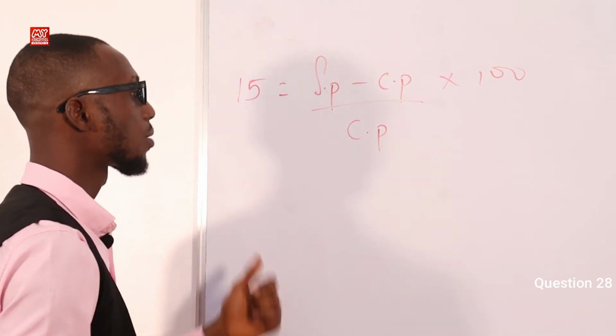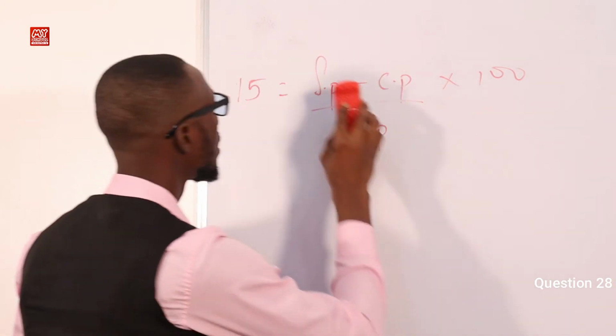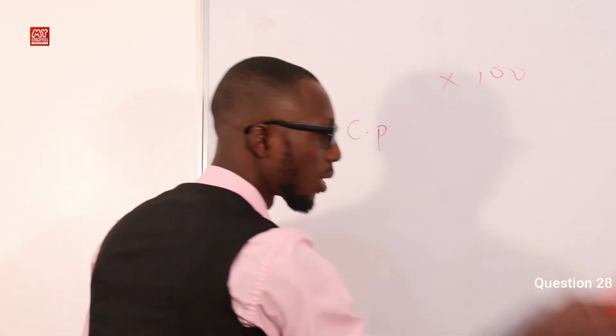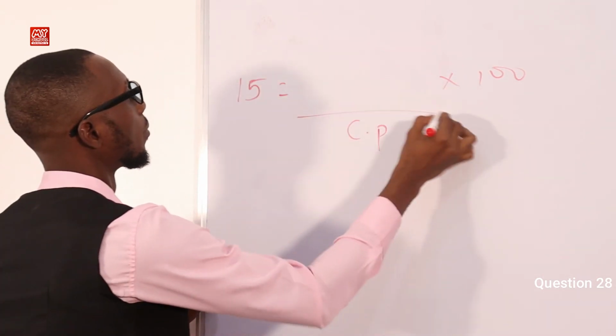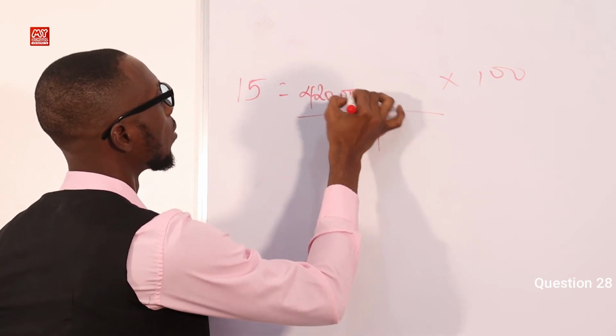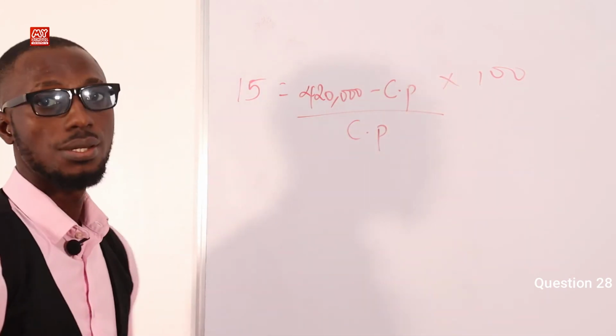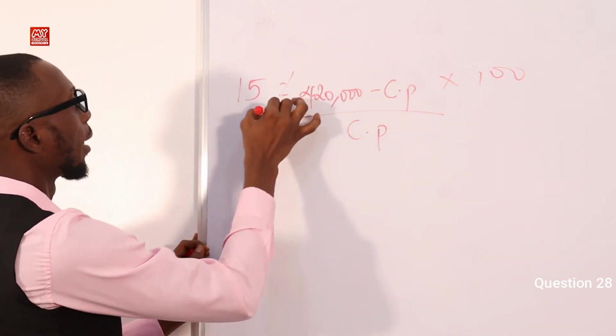Okay, so let's plug in the values. Remember the selling price, they sold it for 420,000 naira, minus the cost price, then times 100. So what can I do? I can cross multiply.